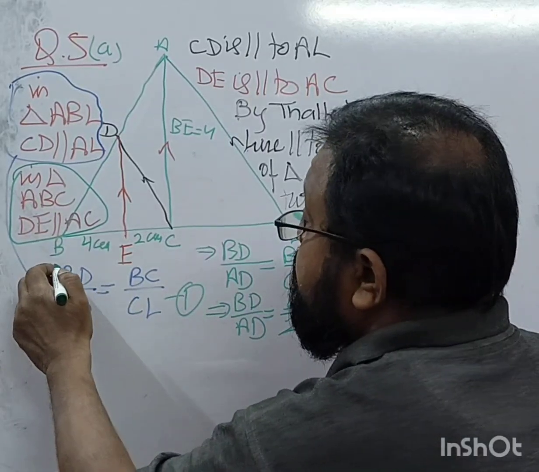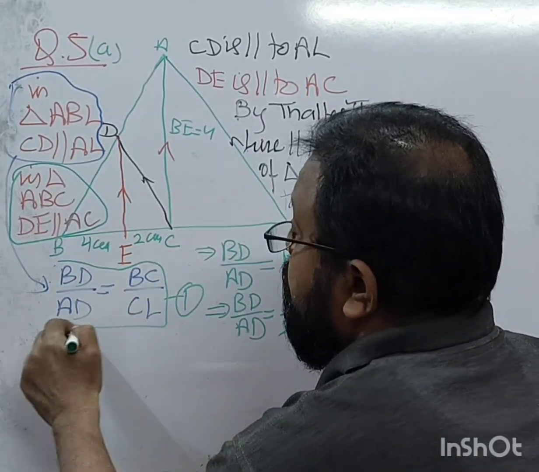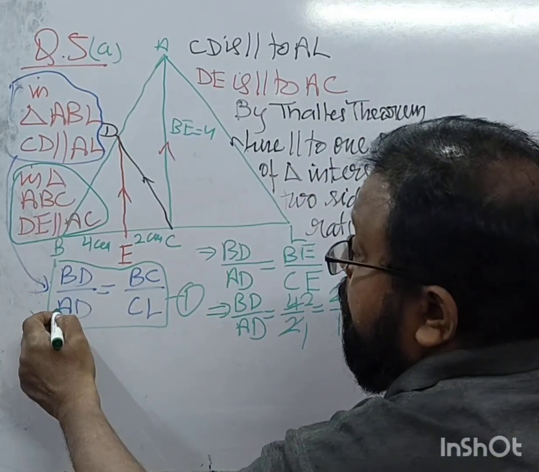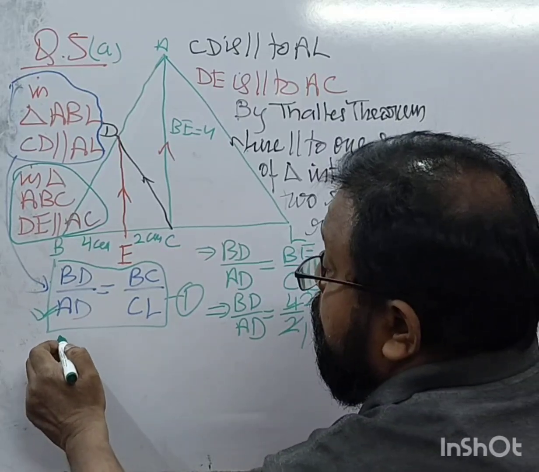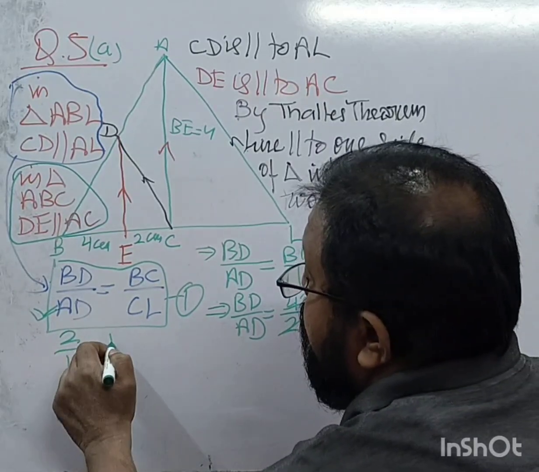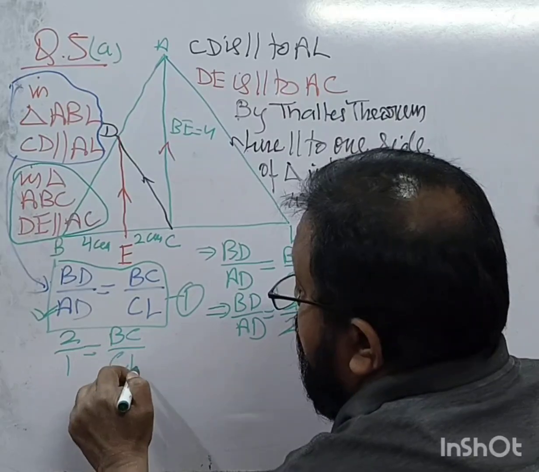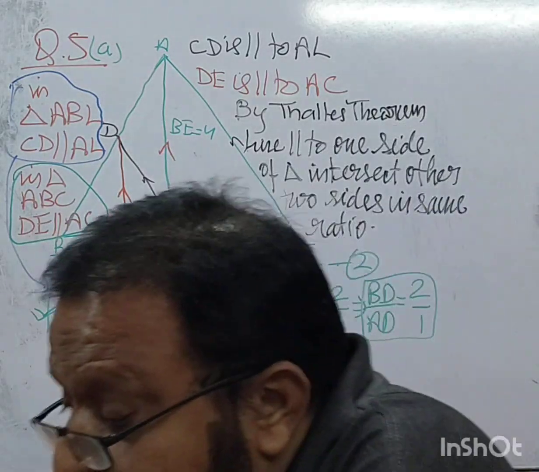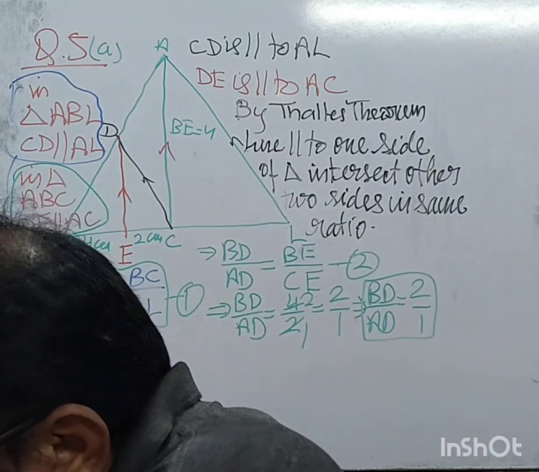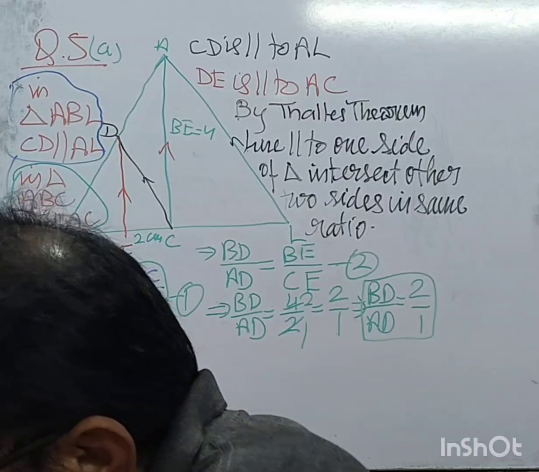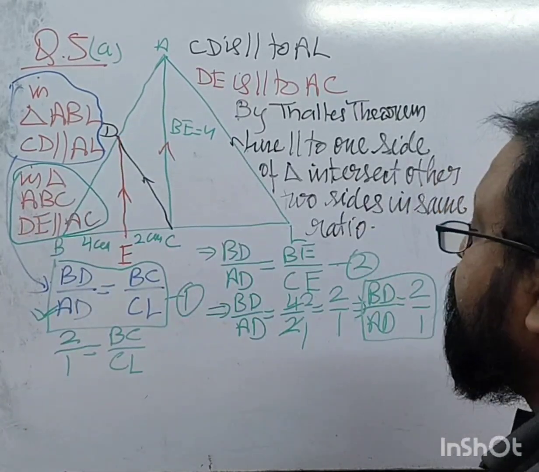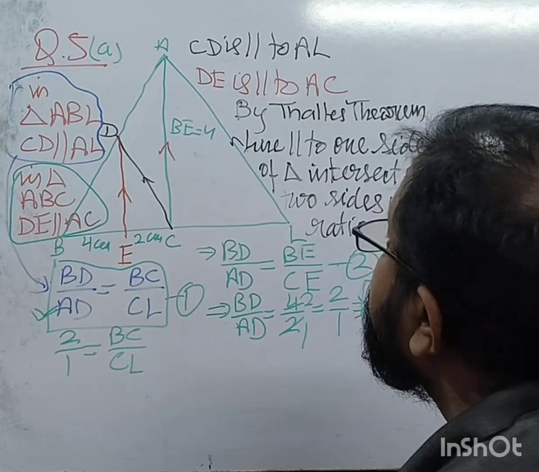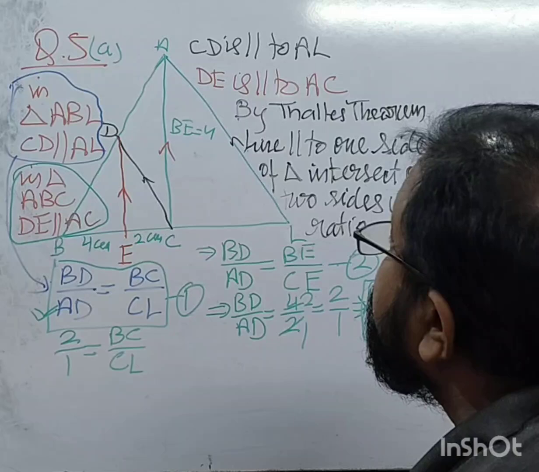So on substituting this value here, it becomes 2 upon 1 is equal to BC upon CL, right? So BC upon CL, but BC will be 6, BE plus EC.